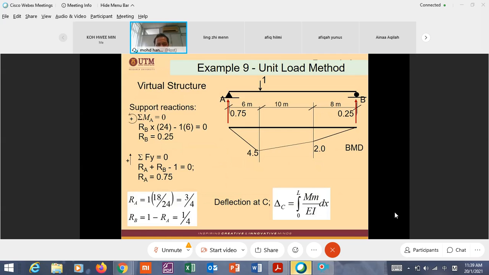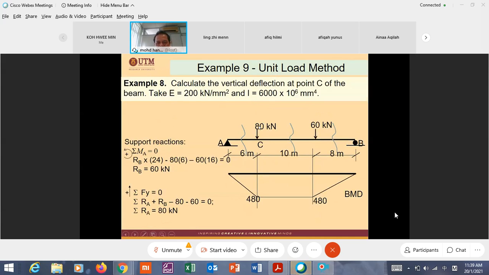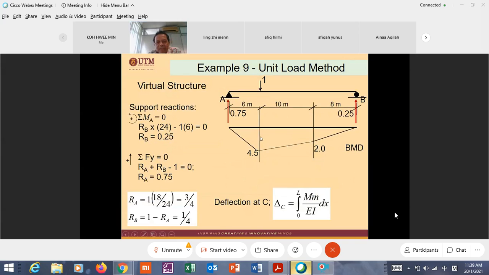Here, this is the bending moment, but this bending moment diagram is not important. You don't have to draw the bending moment diagram in a test or exam. It just makes you aware or reminds you what the bending moment diagram is.